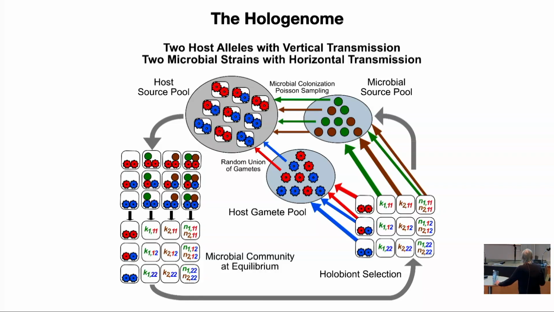Let me back up here. Let's take the case where we only have genetic variation in the algal pool, and no nuclear genetic variation, because this is the hard part.